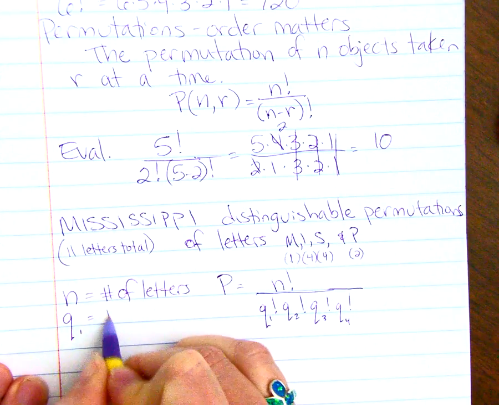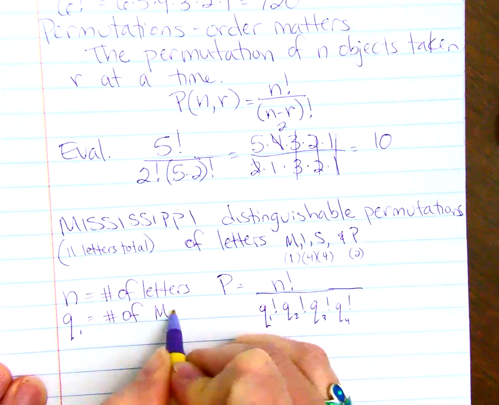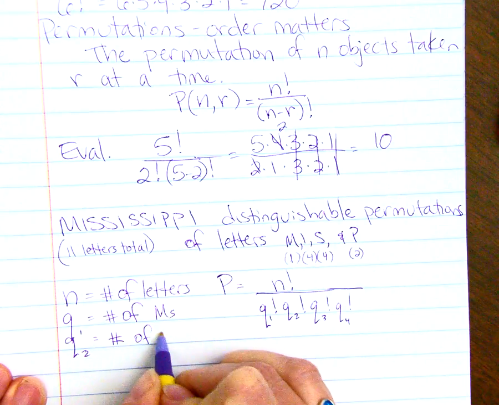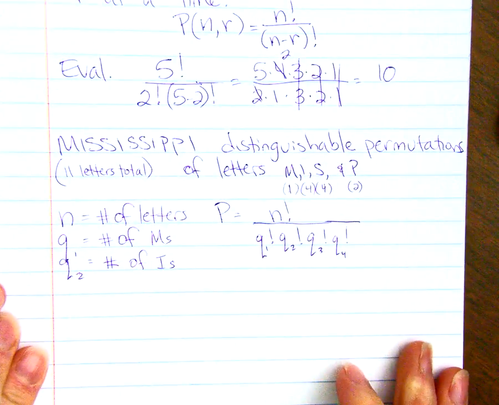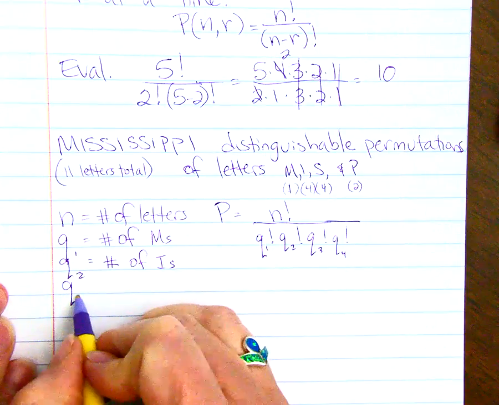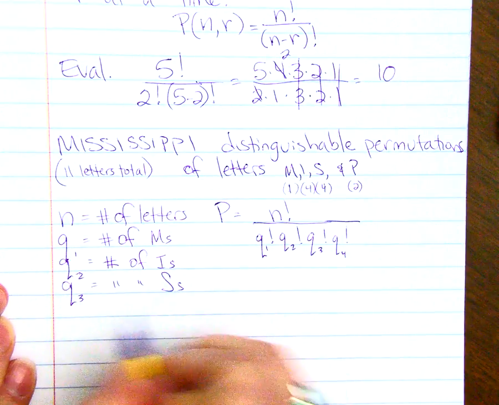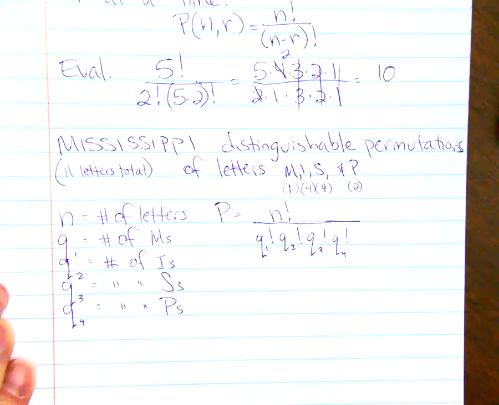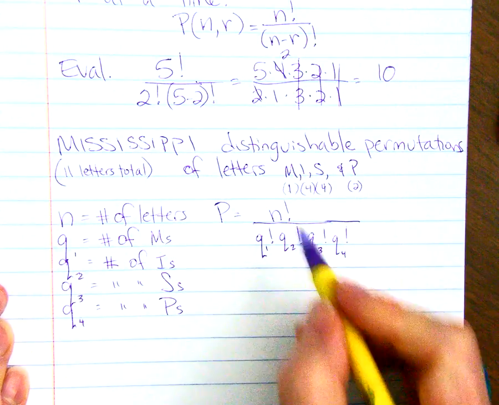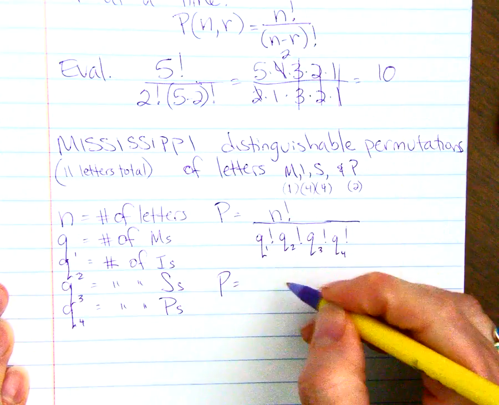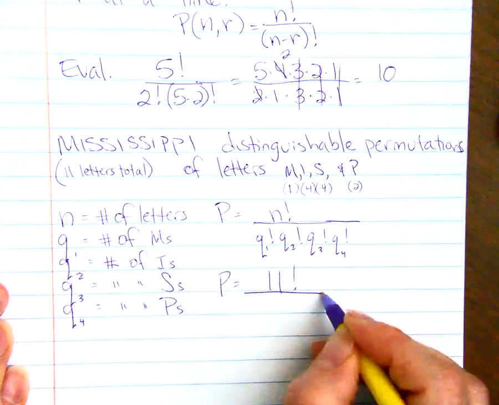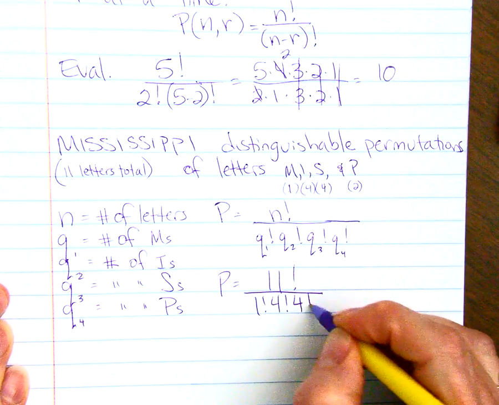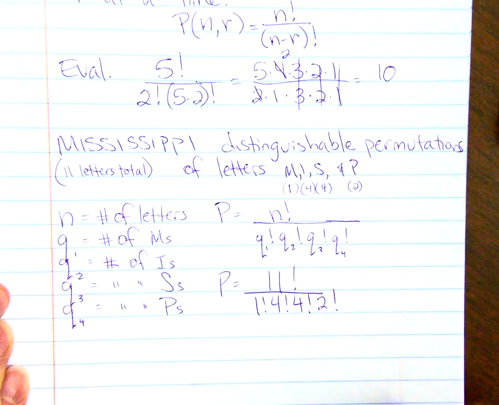Q sub 1 is the number of M's. Q sub 2 is the number of I's. Q sub 3 is the number of S's, and q sub 4 is the number of P's. So we would just plug into this. We get P equals 11 factorial over 1 factorial times 4 factorial times 4 factorial times 2 factorial.